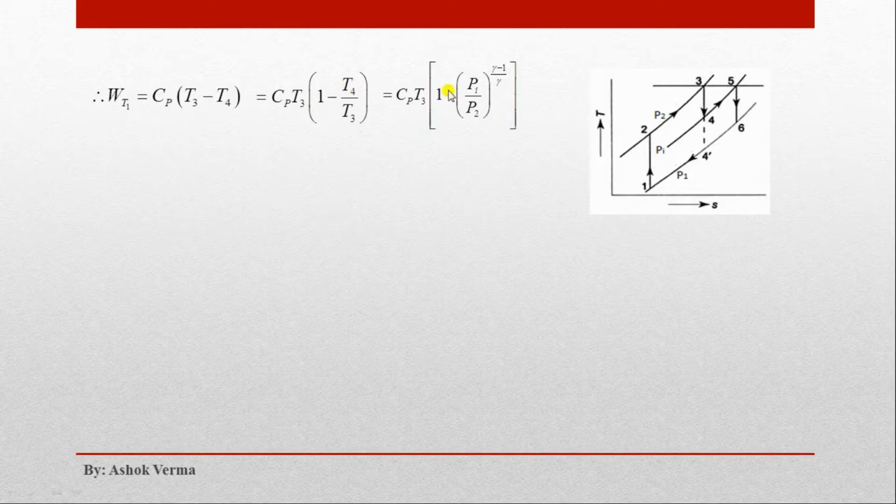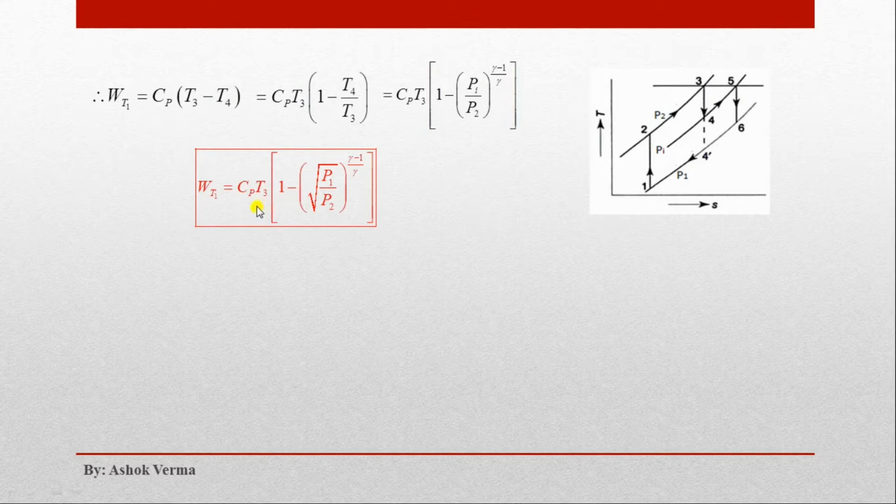T4 by T3 will be equal to (Pi by P2) to the power (gamma minus 1) by gamma, and Pi is the square root of P1 and P2, so this will be equal to Cp into T3 into [1 minus (square root of P1 by P2) to the whole power (gamma minus 1) by gamma]. And the work output from turbine 2 will be Cp into (T5 minus T6).